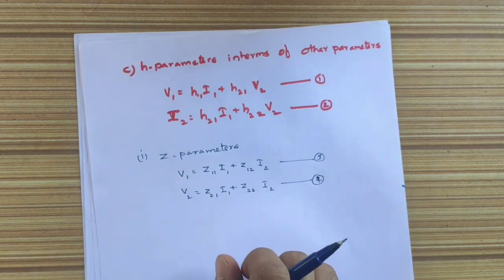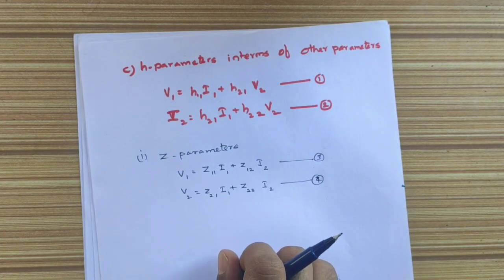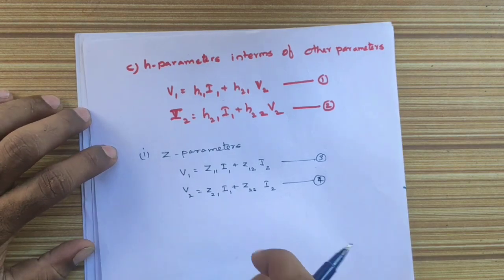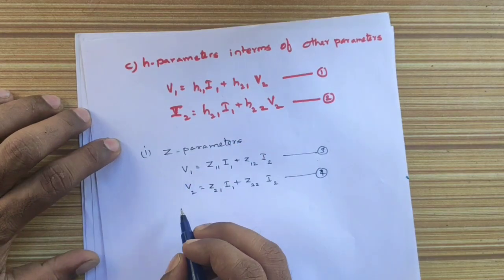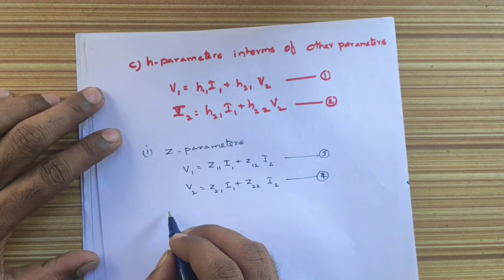Here in equation number 1 we have different parameters on the left hand side, voltage and current, V1 and I2. So I am going to use the substitution method.